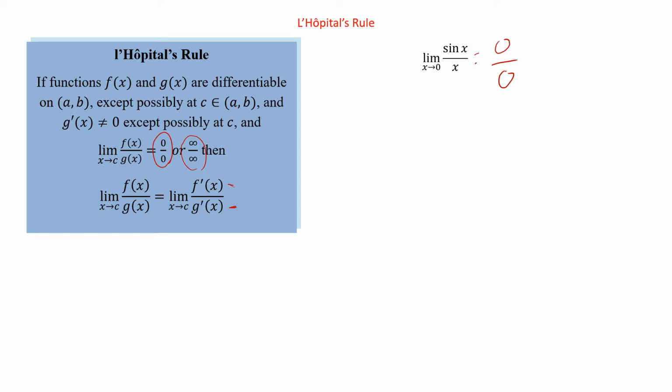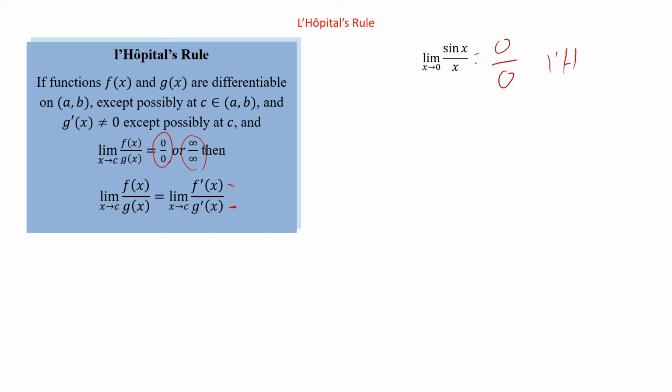We're going to use L'Hôpital's rule. The way I've always done it is I do the little L apostrophe H. It's my note saying I'm doing L'Hôpital's rule in this step. So what L'Hôpital's rule says is we can take the derivative of the top and the bottom separately. This is not a quotient rule problem.